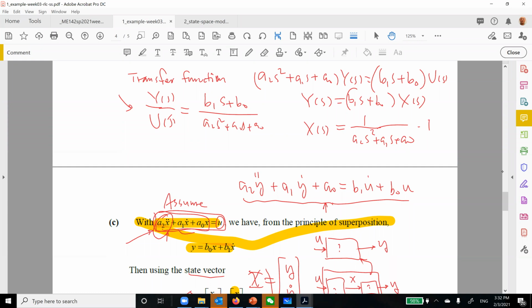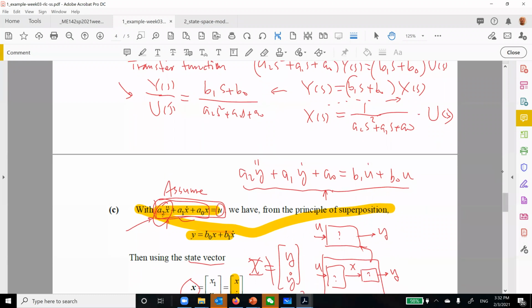So if you insert X into here, you still get the same, right? Okay, do you? All right.